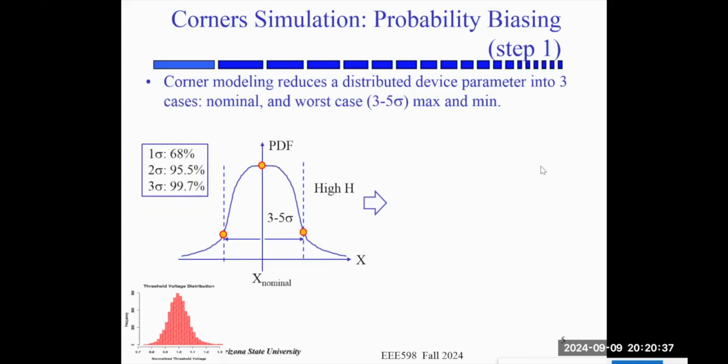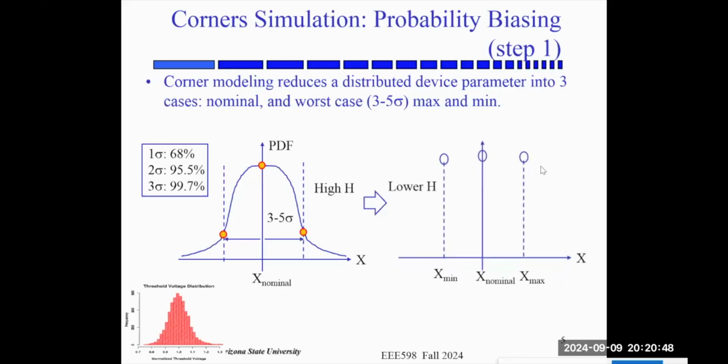For example, typically we are using 3 to 5 sigma. With 3 sigma for each device parameter, we cover 99.7% of the area. In this case, we can simplify the simulation from an infinite case, which has a distribution, into 3 cases: nominal, mean minus 3 or 5 sigma, and mean plus 3 or 5 sigma. In this case, we can simplify the design simulation cases for this parameter.